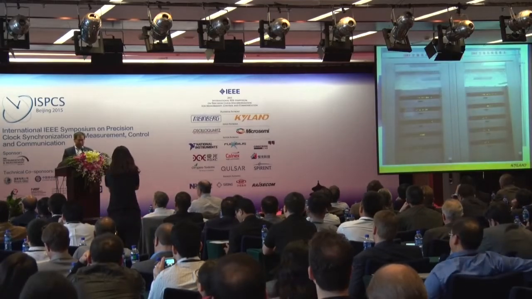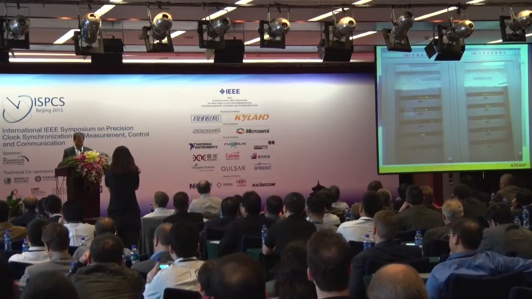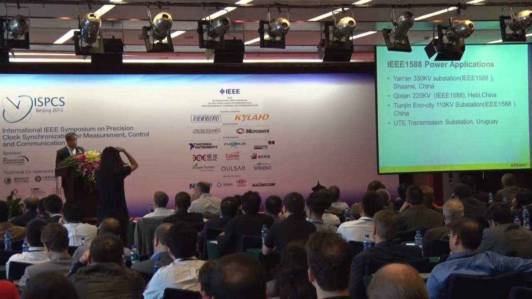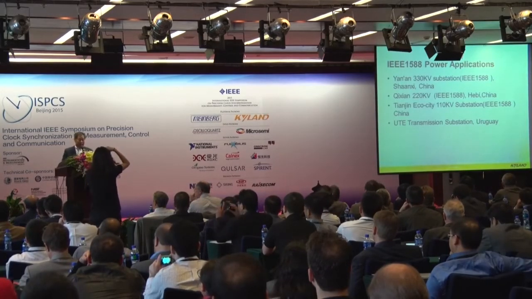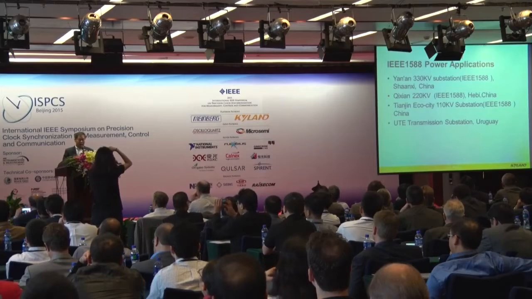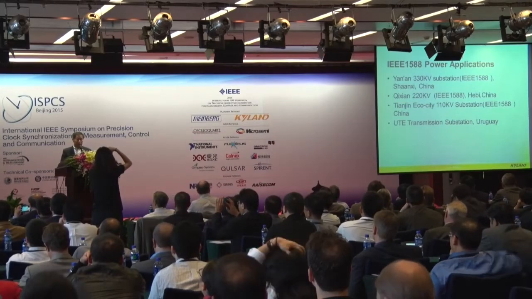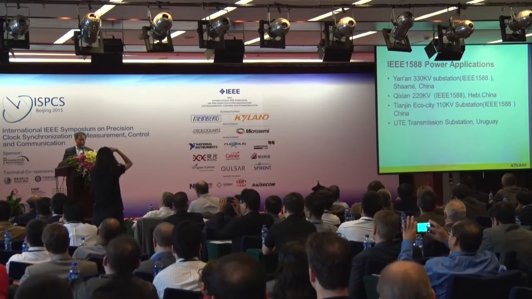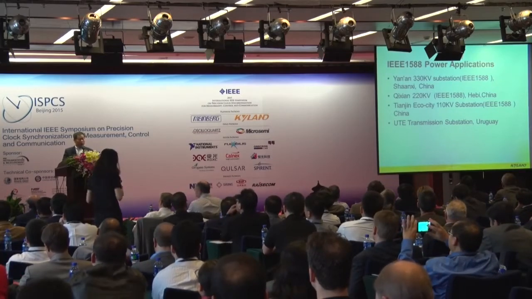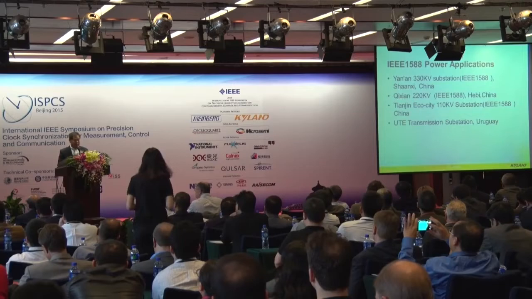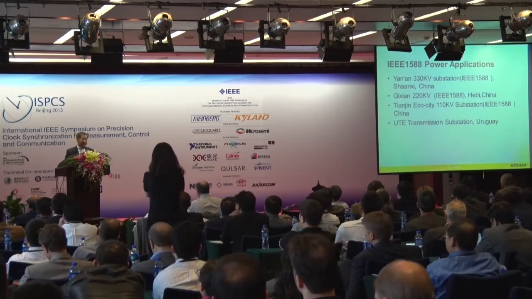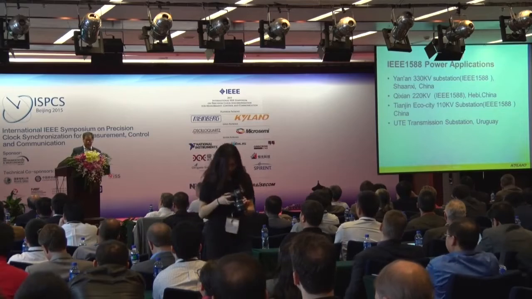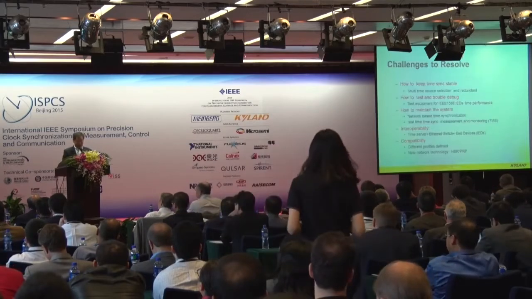You can see lots of switches and clocks there. There are more 1588 power applications in China, especially in the Eurogrid transmission substations. All the Eurogrid substations use 1588. The day after tomorrow, Mr. Alejandro will give the details about this one.